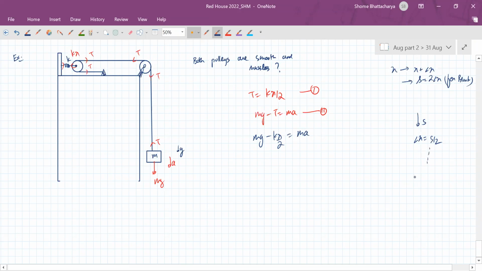And we can write a as d2s by dt square, and that becomes 2 times d2x by dt square.